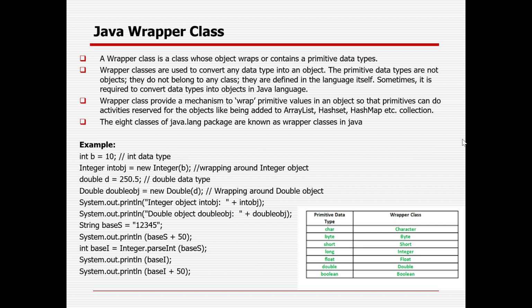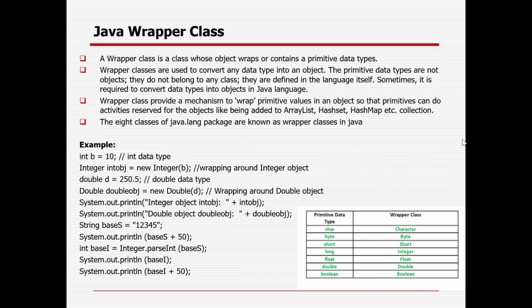But in case you want to deal with the Java collection framework, the collection framework will not consider these data types, because they are simply data types that do not belong to any class. So they are not objects. Your Java collection framework only deals with objects and classes, but these data types do not belong to any object. So that is the reason they will not be able to be handled in the collection framework.